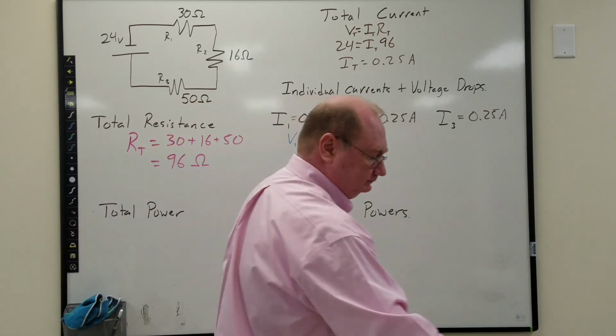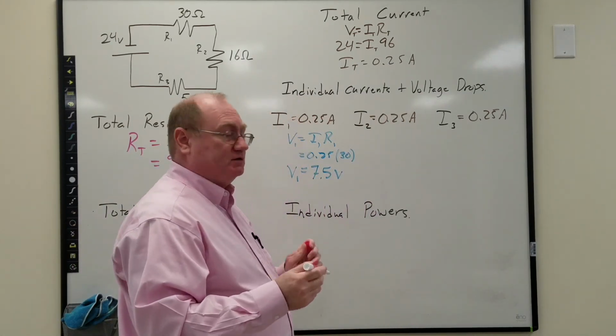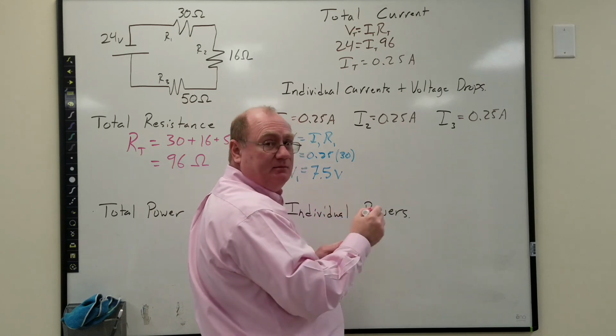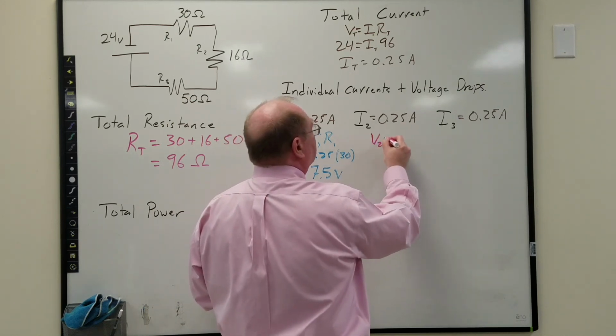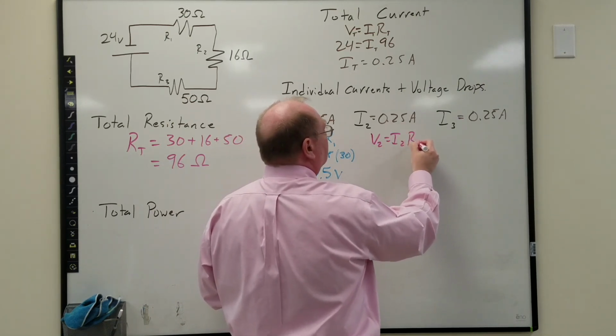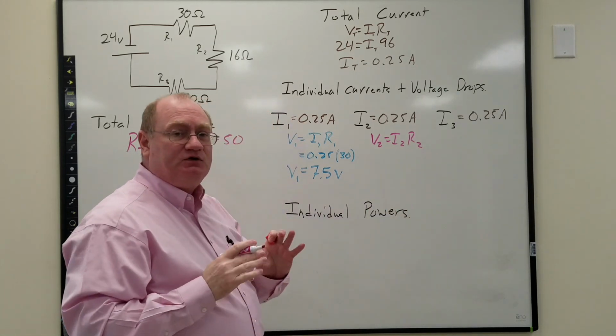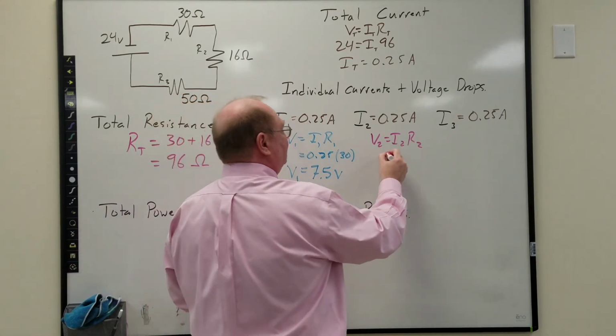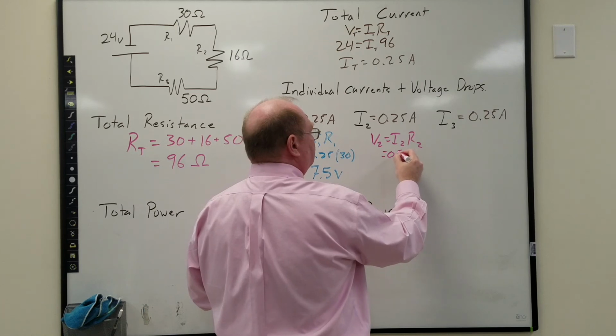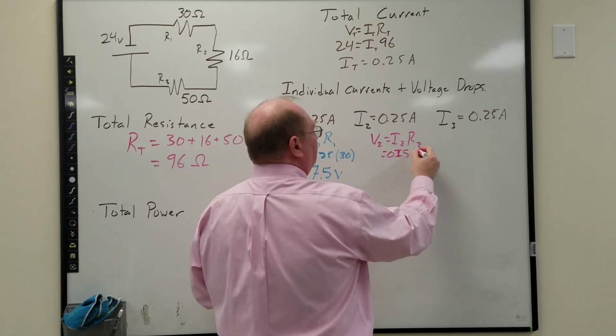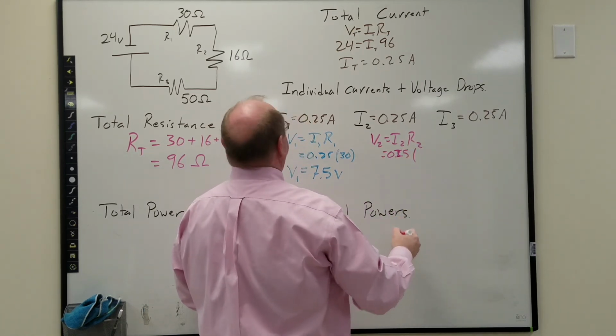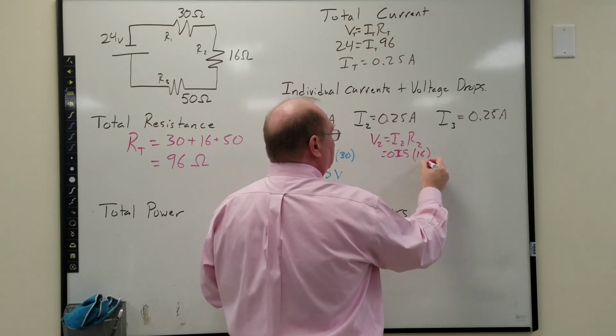For the next one, for resistor 2, we're going to do the same process, except this time use just the numbers for resistor 2. It still gets 0.25 amps, and its resistance is 16 ohms.